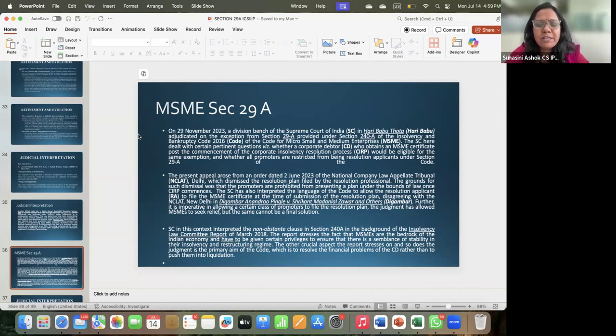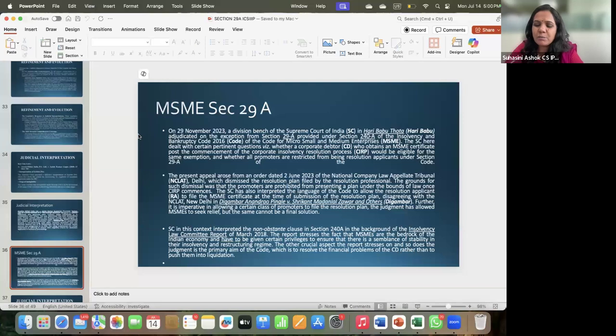However, the Supreme Court in this case interpreted the Section 240A non-obstante clause. We have to see the background of the BLRC committee also. The report stresses that MSMEs are the bedrock of the Indian economy and have to be given certain privileges. For stability in the insolvency and restructuring regime, this is a very crucial aspect, and the report stressed that the main aim is to resolve the financial problem of the CD rather than push it into liquidation.